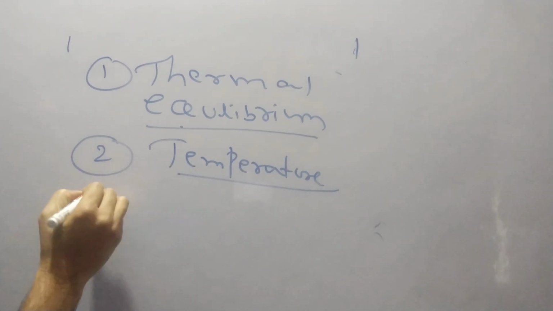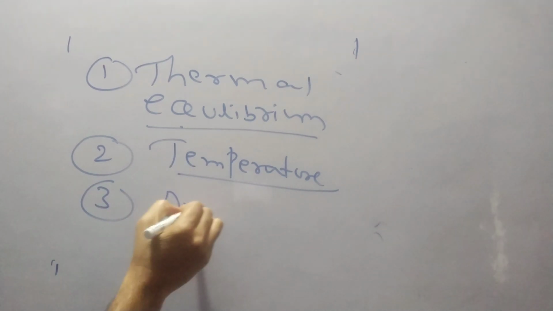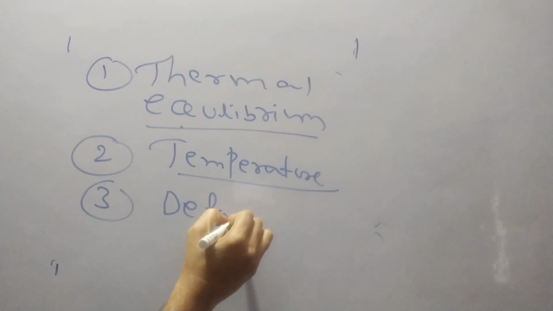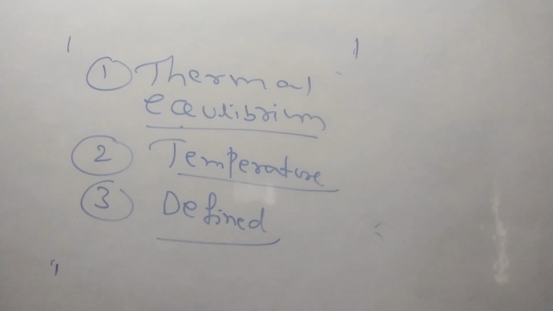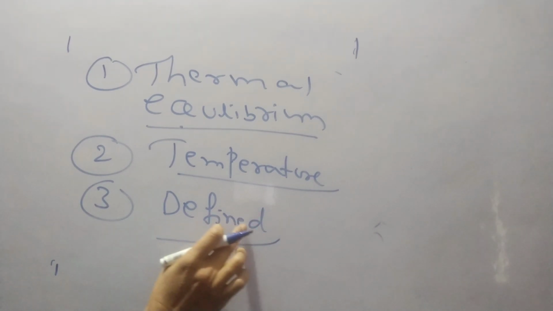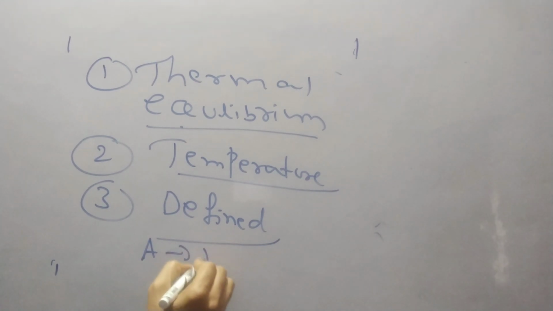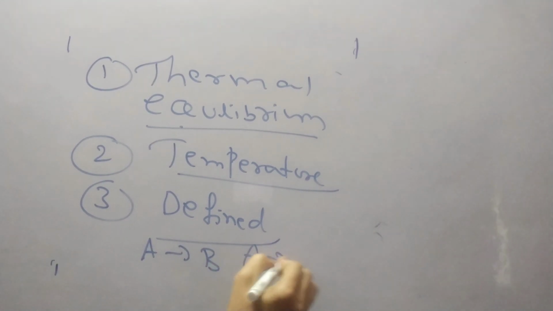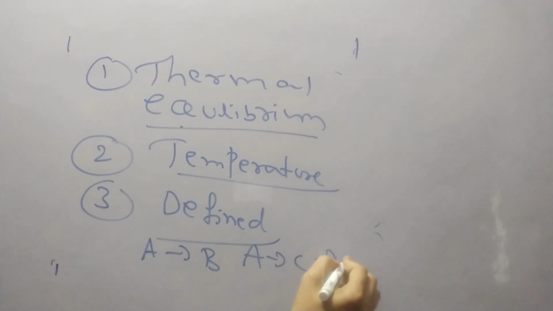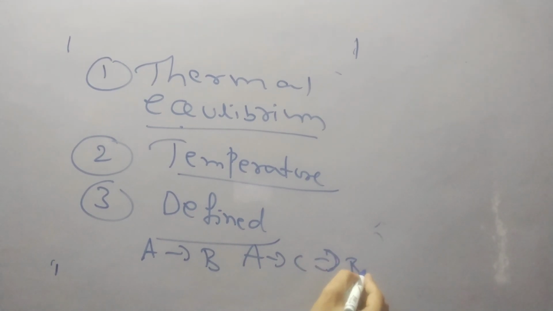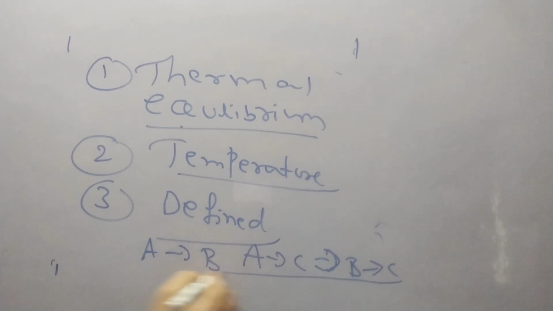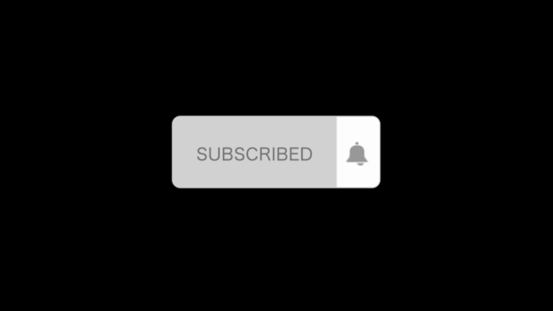Because of these two, we defined the zeroth law. What is the zeroth law? Consider three systems A, B, C. If A is in thermal equilibrium with B, and A is in thermal equilibrium with C, then we can say B is in thermal equilibrium with C. So this is the zeroth law of thermodynamics. Okay, thank you.